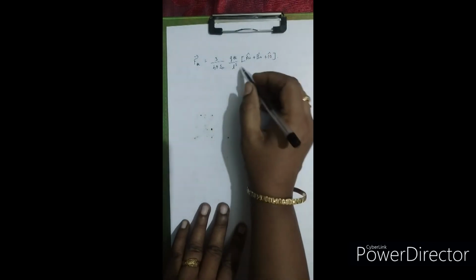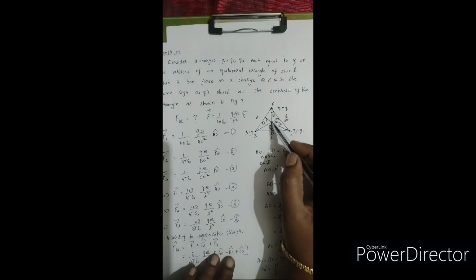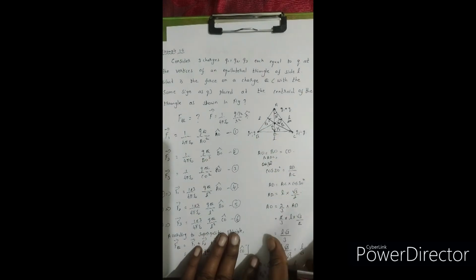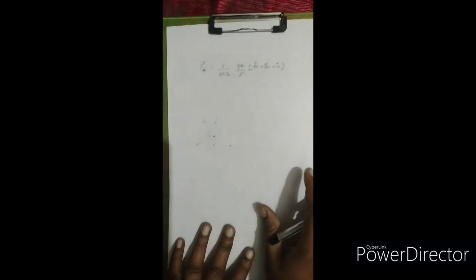Okay, right? So now these three vectors, where are they? See, AO, BO and CO, right? So AO, BO and CO can be represented by the sides of a cyclic triangle.